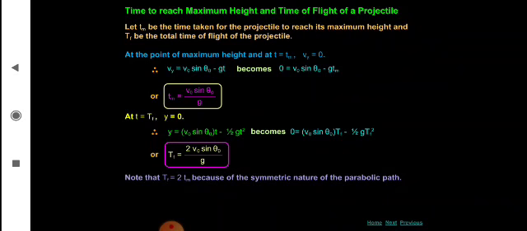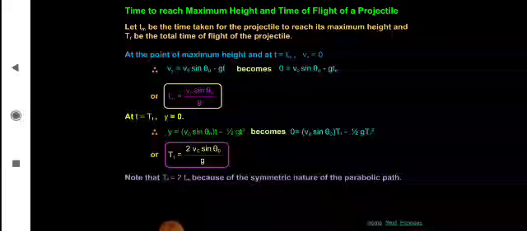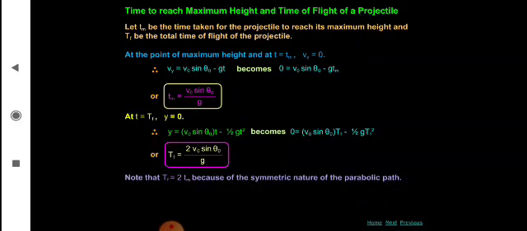At the point of maximum height, when t is equal to Tm, the velocity in the y component becomes 0. Vy is equal to 0. In the equation Vy is equal to v naught sin theta naught minus gt, with Vy equal to 0, we get v naught sin theta naught minus g Tm is equal to 0.